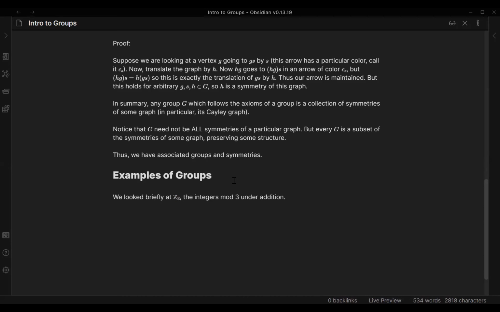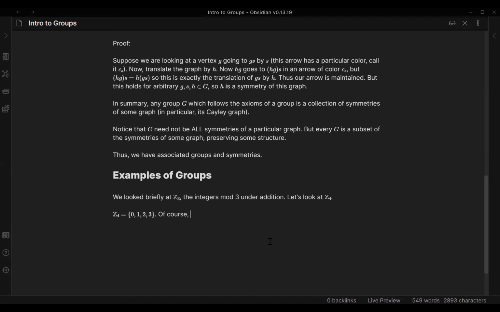Let's look at Z4, which is the same but under addition mod 4. And I don't want to have to type this over and over again. Of course Z4 is this set: 0, 1, 2, 3. That should be hopefully non-controversial.